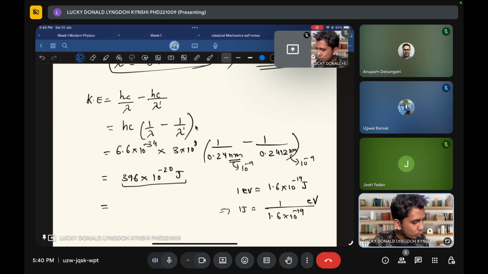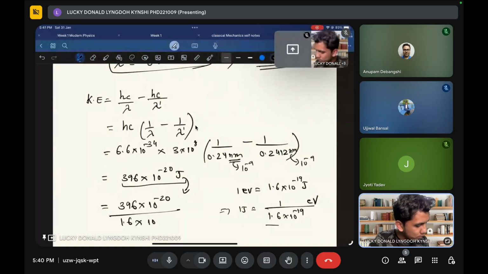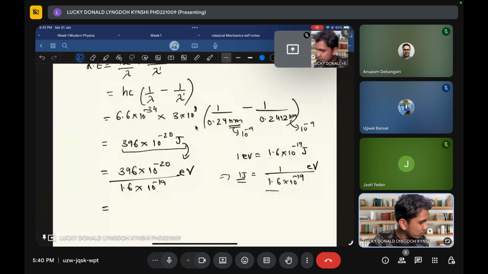To convert this joule into electron volt, I need to divide 396 into 10 to the power minus 20 by 1.6 into 10 to the power minus 19, because 1 joule is equal to this much electron volt. Now you get 24.75 electron volt. So this is your kinetic energy.